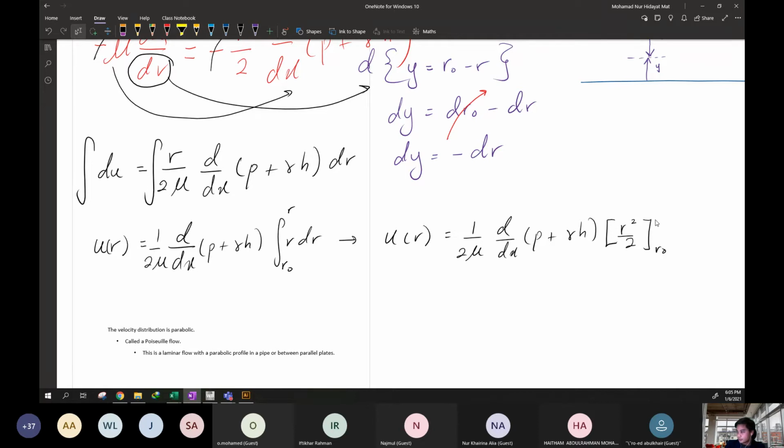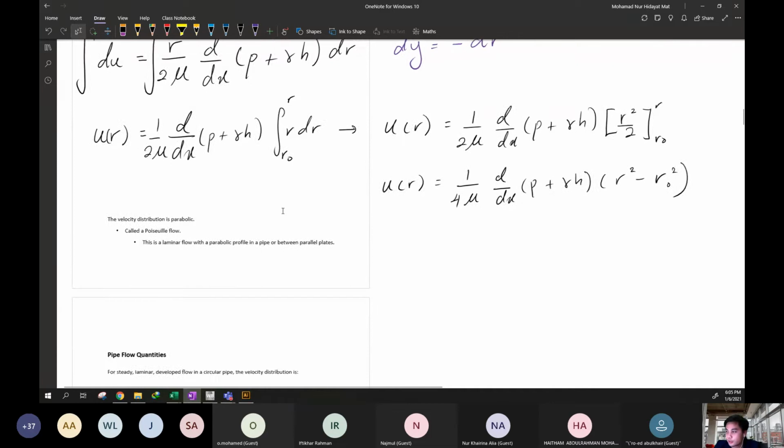So this is r0 to r. This is 2 multiplied with 2 is 4. 1 over 4 mu d over dx p plus gamma h and r squared minus r0 squared.